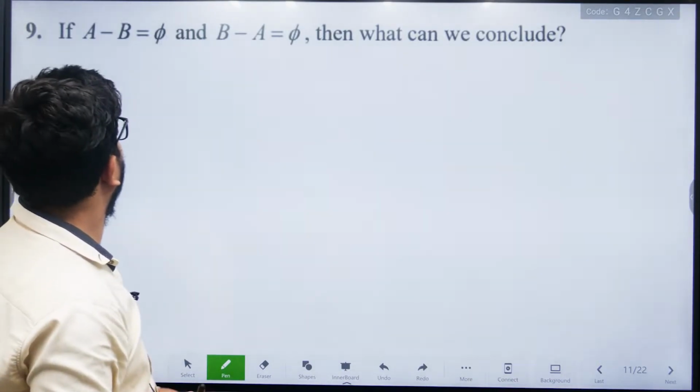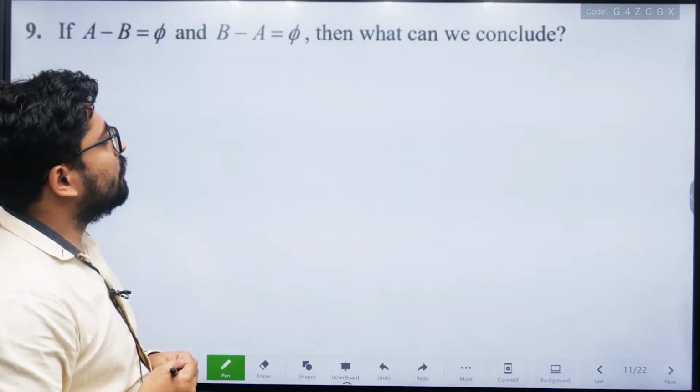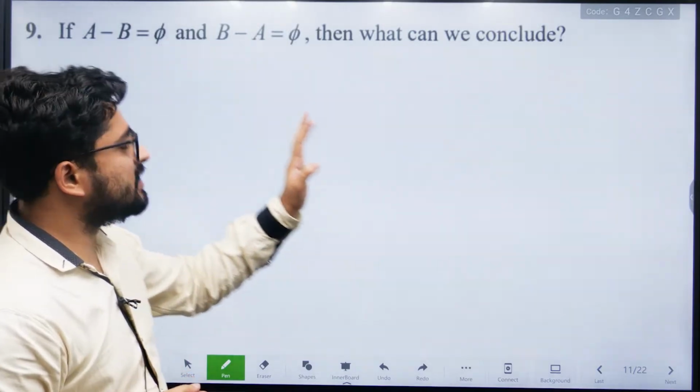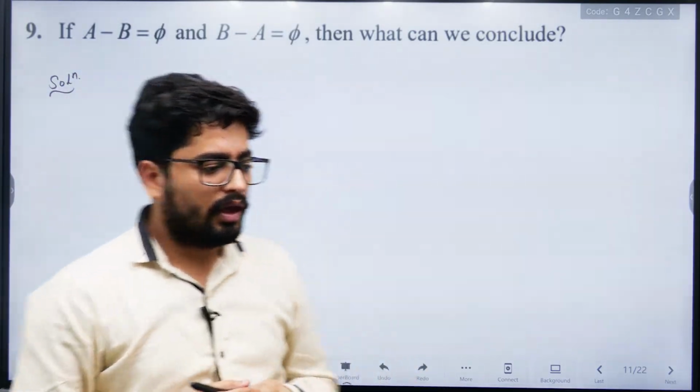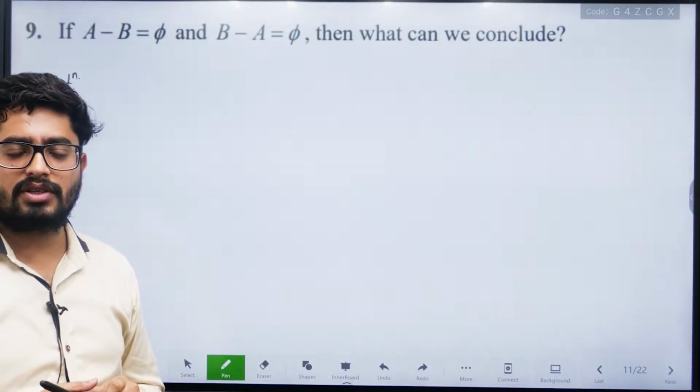Solution. If A minus B is empty, B minus A is empty, then what can we conclude? Okay. A minus B is empty means what? Every element of A is in B. Yes or no?